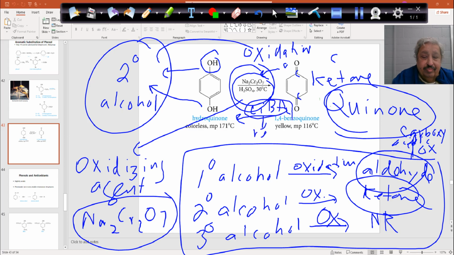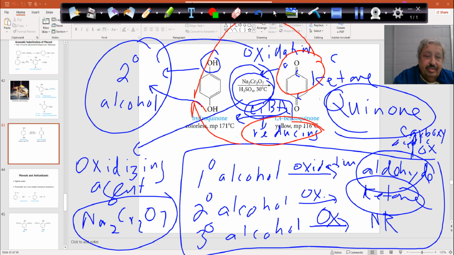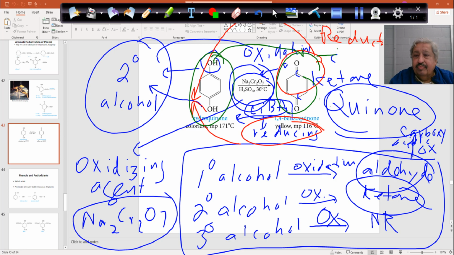This is reducing. So then which way will the reaction go? The reaction will go the other way. If you are reducing, you are producing back this, from this back to this. That's a reduction. But from the other side, from this to this, we call that oxidation.